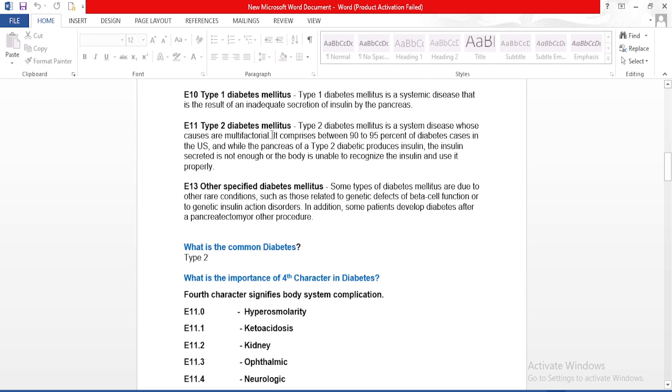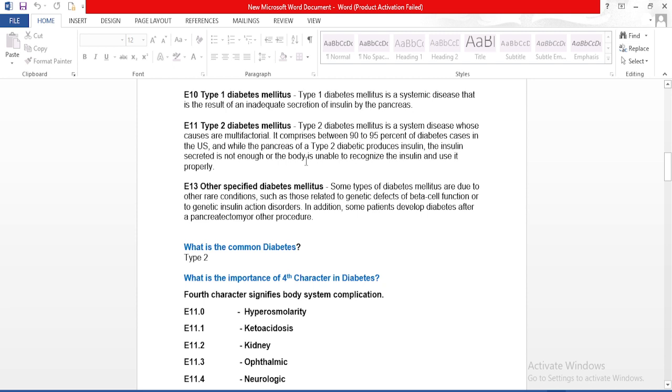Multifactorial means multiple reasons to get type 2 diabetes. It comprises between 90 to 95% of diabetes cases in the United States, and while the pancreas of type 2 diabetics produces insulin, the insulin secretion is not enough or the body is unable to recognize the insulin and use it properly.